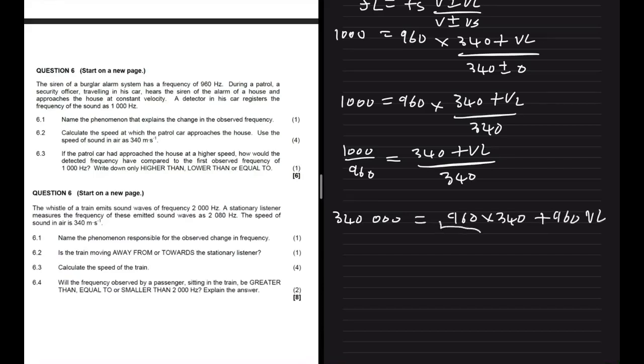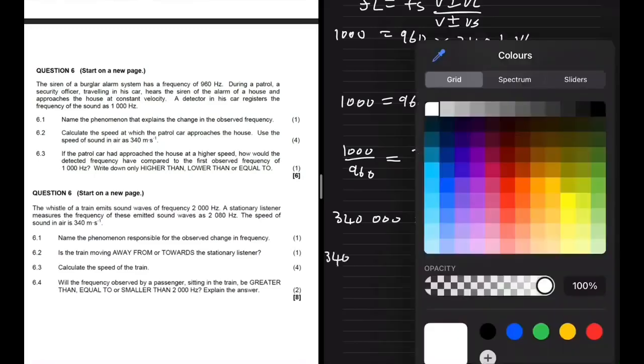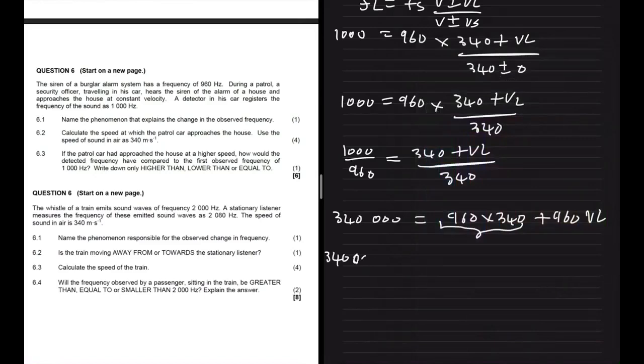I'm going to take this to the left-hand side so that I can isolate VL. So we have 340,000 minus 960 multiplied by 340 equals 960 VL.